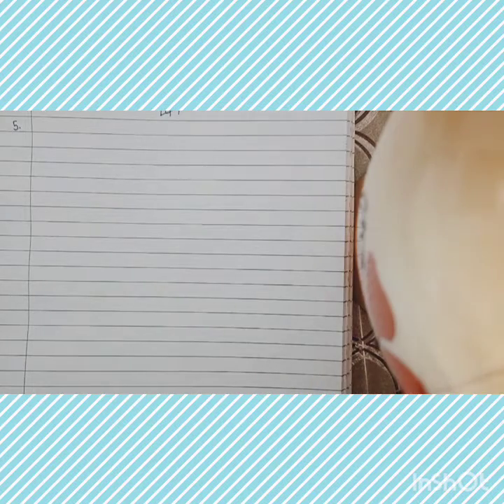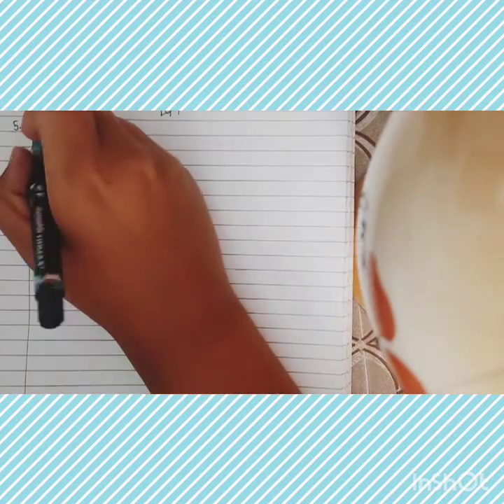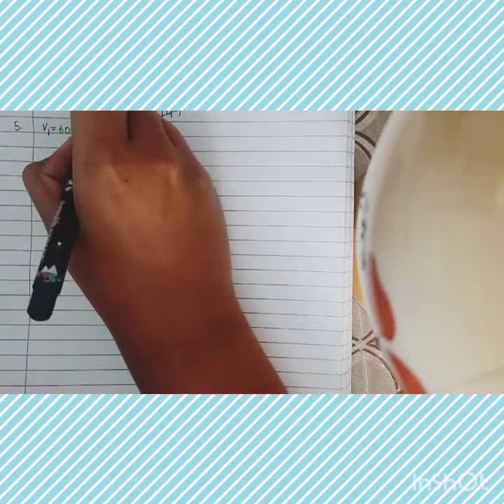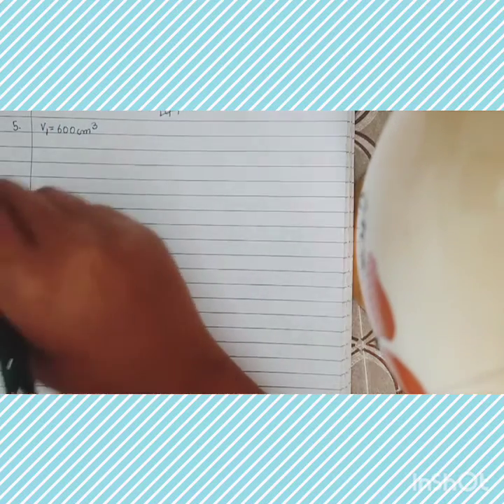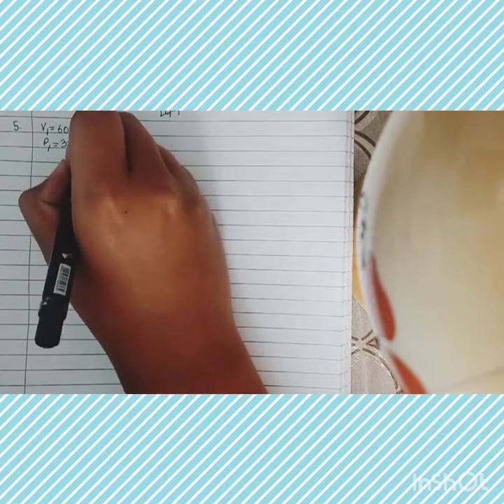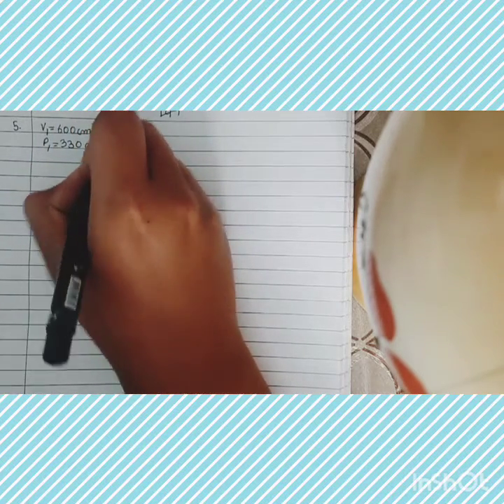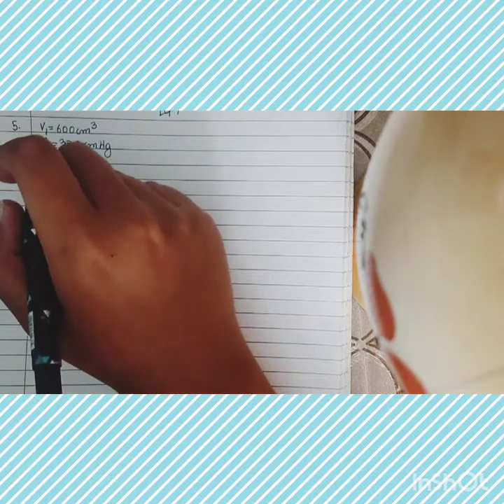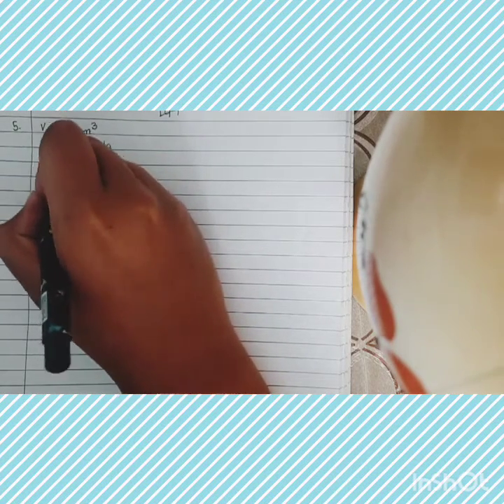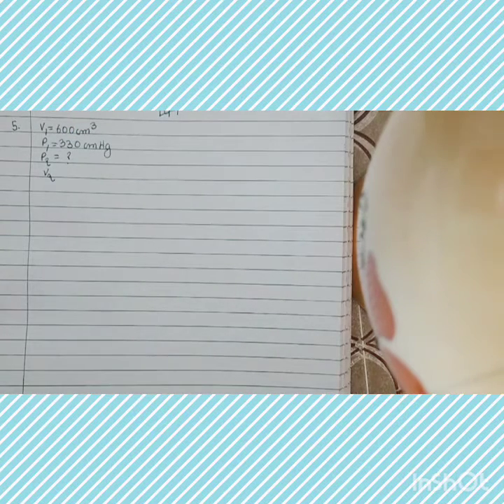Fifth numerical: a vessel of capacity 600 centimeter cube. V1 equals 600 centimeter cube, given. Pressure P1 equals 330 centimeter Hg. And we have to find the pressure P2, and V2 when the vessel is connected to another vessel of 300 centimeter cube capacity.